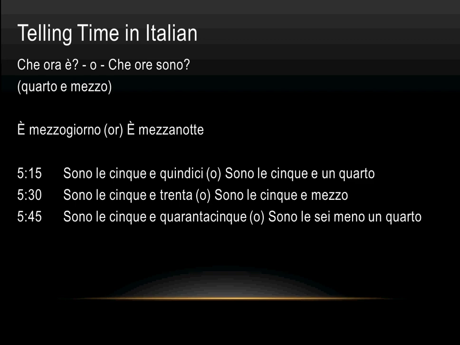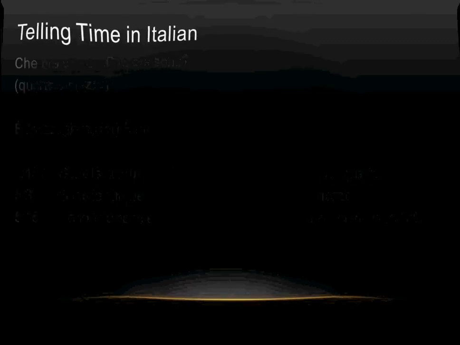We have sono le 5 e un quarto. It's 5:15. Sono le 5 e mezzo. It's 5:30. Sono le 6 meno un quarto. It's a quarter to 6. And then we also have mezzogiorno o mezzanotte. Noon or midnight.